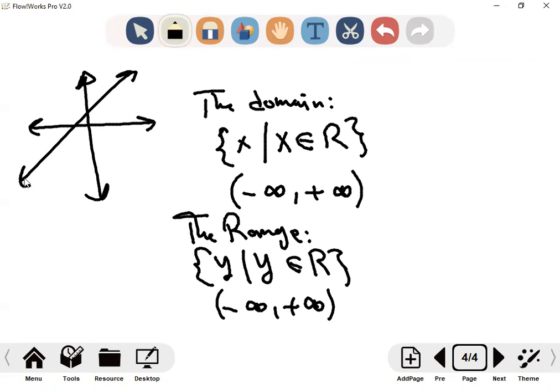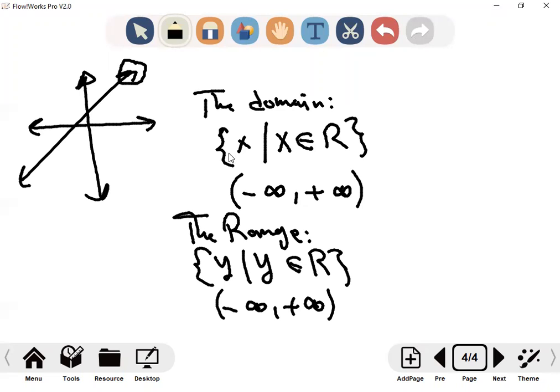This is the line for the function, right? Is there any minimum or maximum? This arrow, guys, this arrow means what? Infinity up and infinity down. It means this line covers all the y and all the x, right? Means the domain is all real numbers.